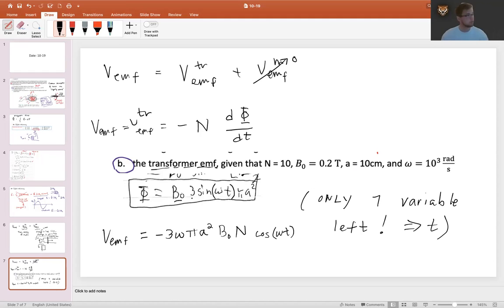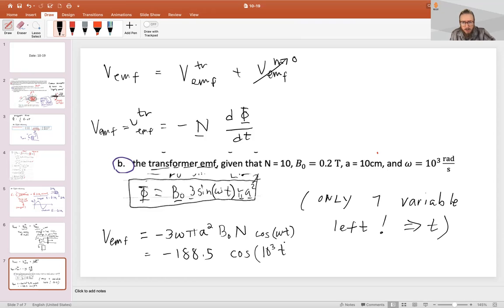So this is constant, this is constant, this is constant. So we just really need to take the derivative of sine omega t. We'll get cosine omega t. And then when we plug this in, I got 188.5 cosine 10 to the third t volts.